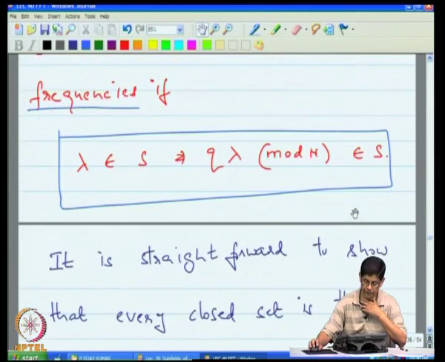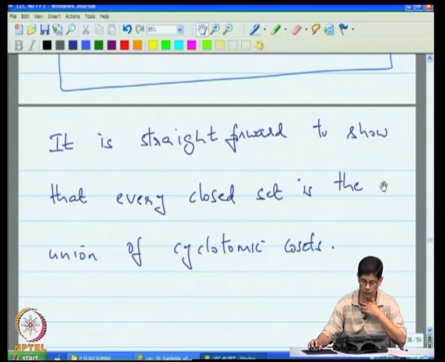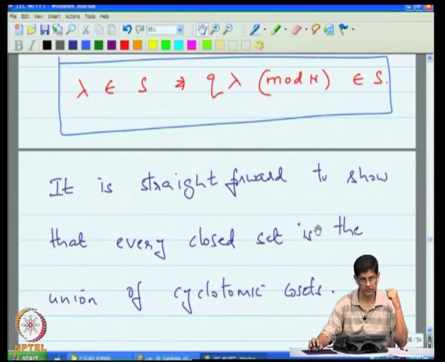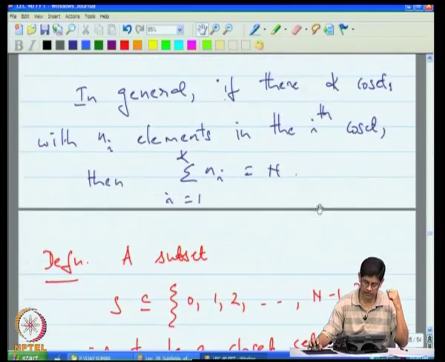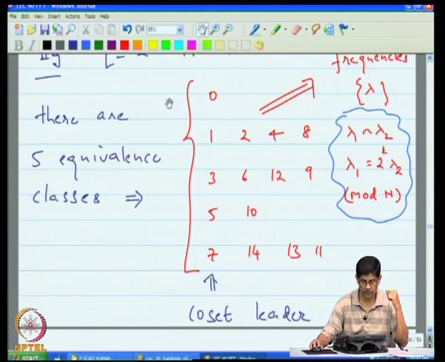Now, you can actually verify that this forces closed sets to be the union of cyclotomic cosets. Why is that? Because let us go back to our example here. Supposing I was trying to construct a closed set and I happen to pick 3, and I said I want 3 to be in my closed set. But because the set is closed, I am forced to include 6, 12 and 9.